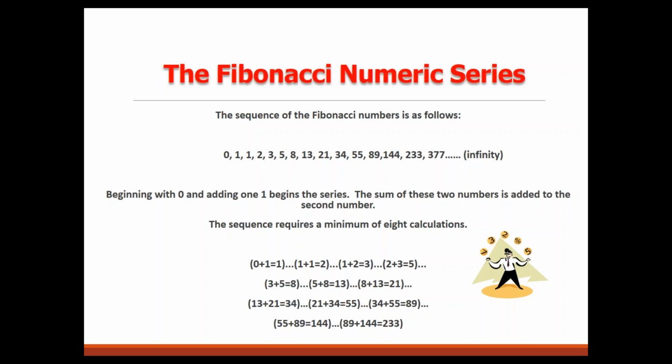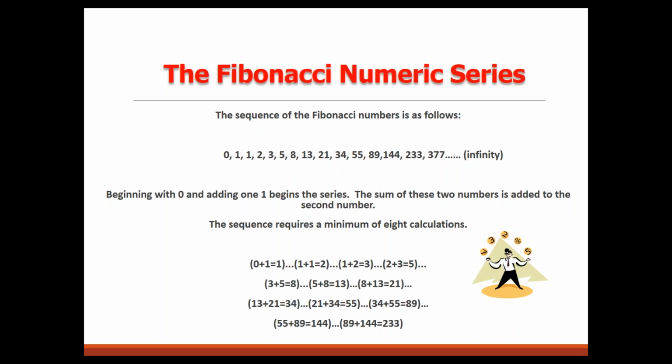And the Fibonacci numeric series is what he was talking about, this natural ability, growth sequences, starting with 0 and 1, adding those two numbers, that begins the series. Now, continuing this calculation, the sum of these two numbers is added to the second number, and the sequence requires a minimum of 8 calculations.